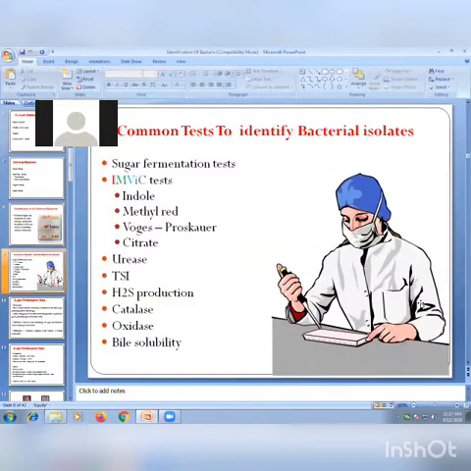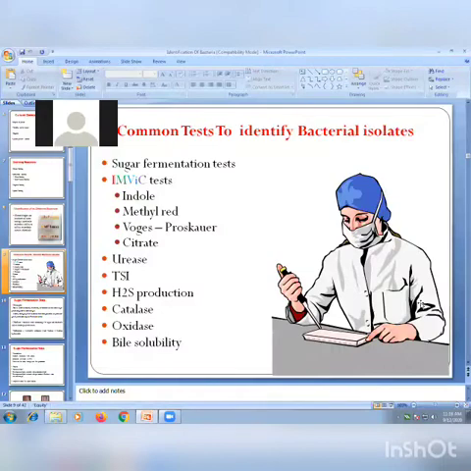So which are these? Common tests to identify a particular routine bacteria: the first one is the sugar fermentation test. The second one is the IMViC test. In IMViC, 4 tests are there: indole, methyl red, Voges-Proskauer, and citrate utilization test. All these 4 together we call the IMViC test. Very important, always write a short note on the IMViC test.